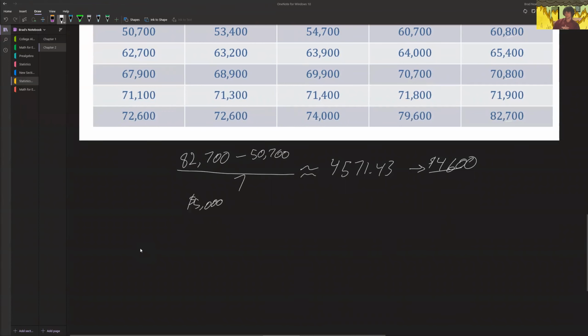Now, what I need to do is figure out what my class limits are going to be, starting with the lowest class limit for my lowest data value. My lowest data value is 50,700. So I'm going to have my classes and my frequencies, and let's see if we can construct these.